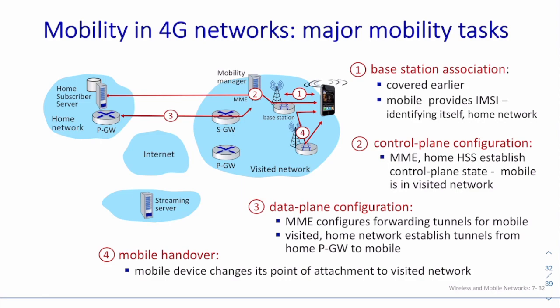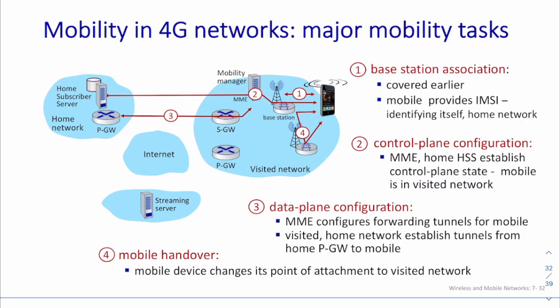So even when you are in a visit network, you still need to do such association. The tower at the visit network will do authentication with your MME and your home HSS to make sure you can actually associate with the visit network tower.